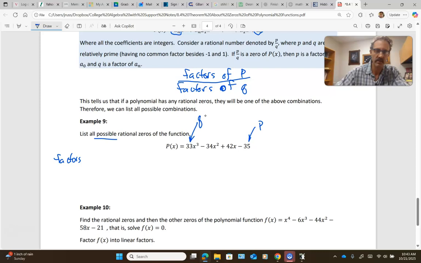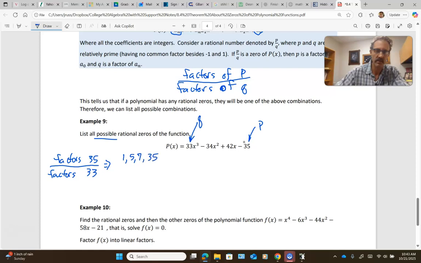Okay, so factors of, you can look at this as either positive or negative 35, it doesn't matter. All the factors of 35 over all the factors of 33. So what are my factors of 35? Well, 1, 5, remember you're thinking about numbers that'll go into 35 evenly, 7 and 35.